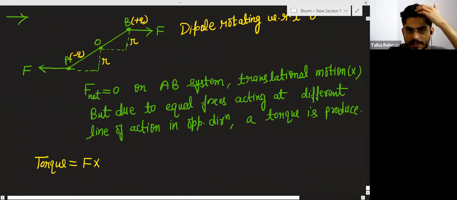R is the perpendicular distance from the axis of rotation.